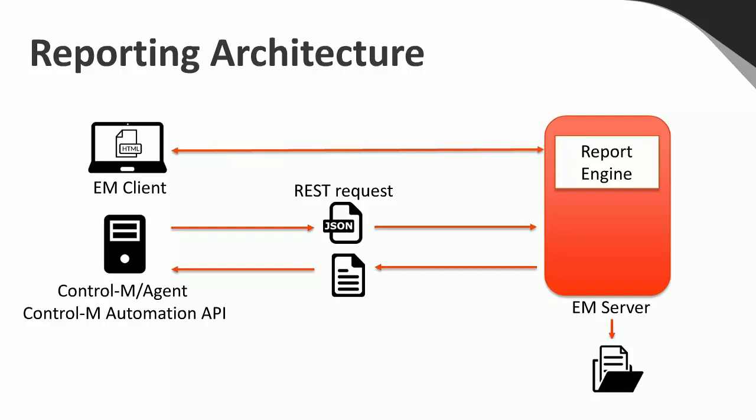If you have a Control-M agent with Control-M Automation API installed and a report definition saved on the report engine, you can generate a REST request and send it to the reporting engine. The reporting engine will generate the report and then save it in the output location specified in the request. I will show all this process later in the demo.